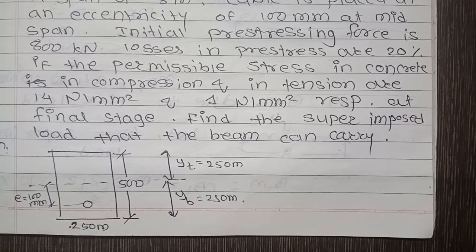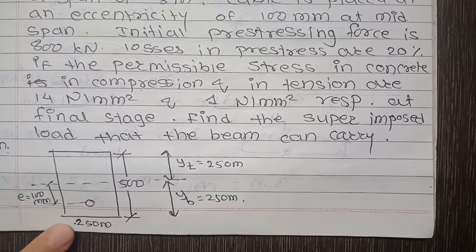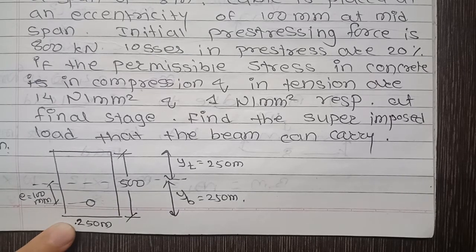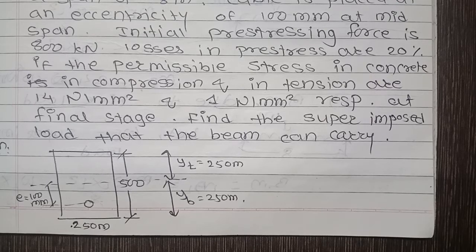The cable is placed at an eccentricity of 100 mm. E, the eccentricity, is also given, which means the cable passes through 100 mm below the neutral axis, that's why e equals 100 mm. Now, the initial pre-stressing force is also given, that is 800 kN. Losses are also given, that is 20%. The permissible stresses in concrete, in compression and in tension, are 14 Newton per mm square and 1 Newton per mm square respectively.